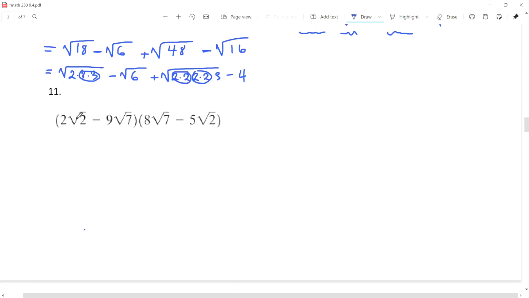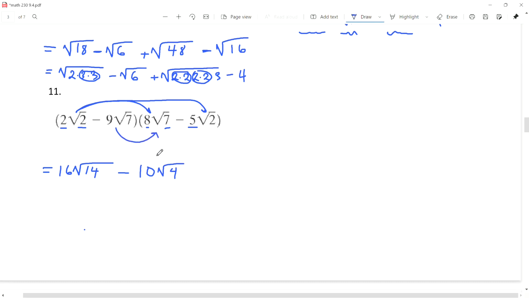For example 11, we'll FOIL it out again. We'll multiply 2 root 3 times 8 root 7. 2 times 8, that's 16. We have 16 root, and then on the inside is 2 times 7, which gives me 14. Then we'll multiply 2 root 2 times negative 5 root 2. That's going to give us negative 10, because 2 times 5 is 10. And root 2 times root 2, that's going to be the square root of 4.